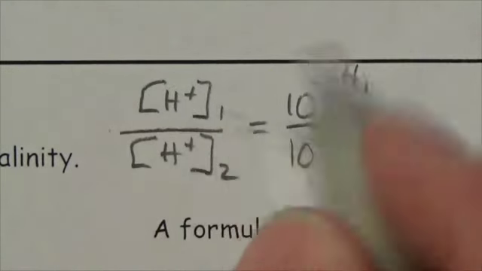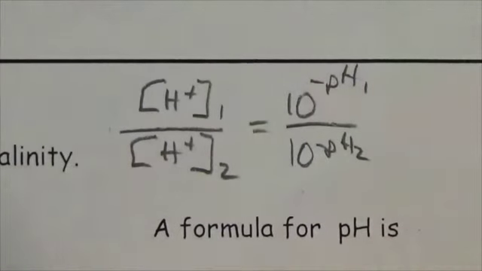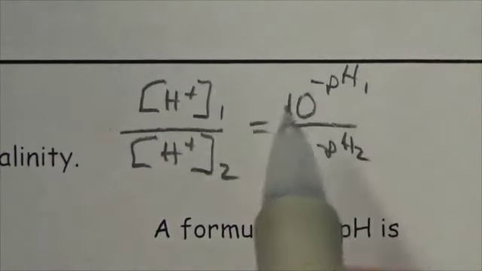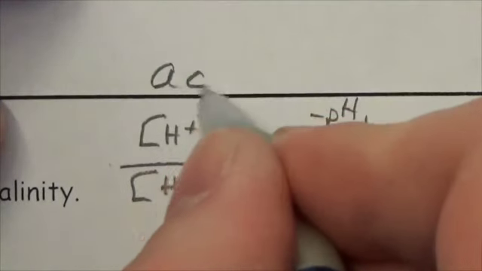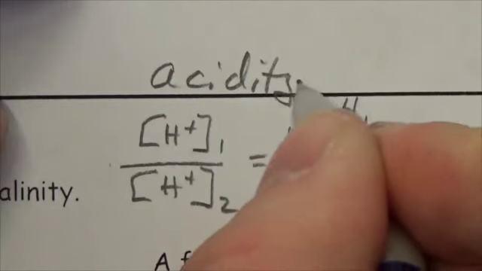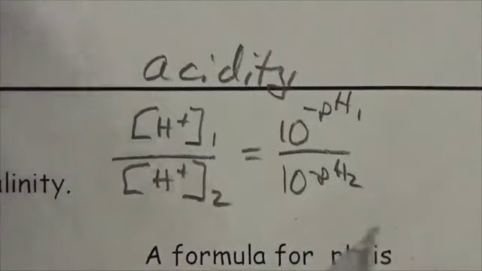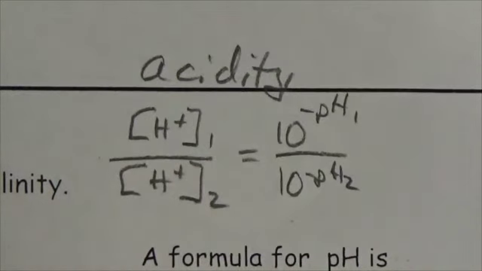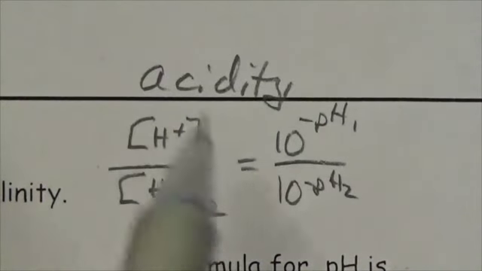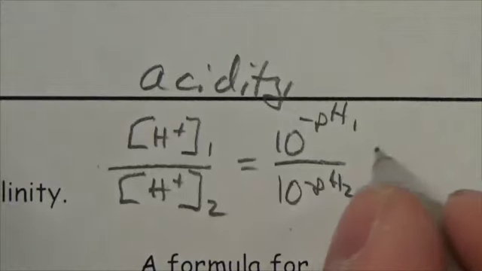Usually I'm looking for this to be a nice big number, not a decimal number. So this is going to be larger than this one. This is comparing acidity then. This little expression here is comparing acidity because the larger the hydrogen ion concentration, the more acidic it is. And I want this to be bigger. But look what that does to this formula right here.